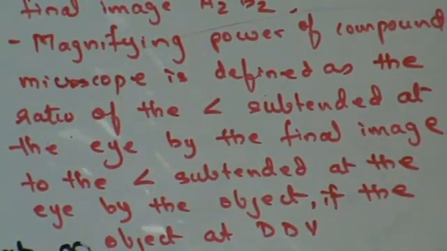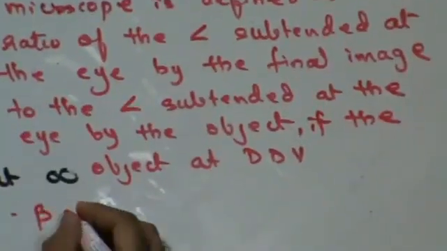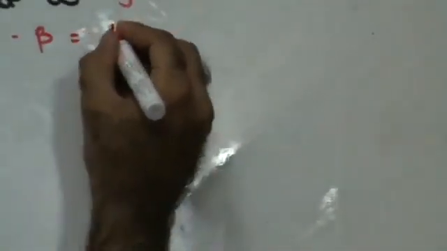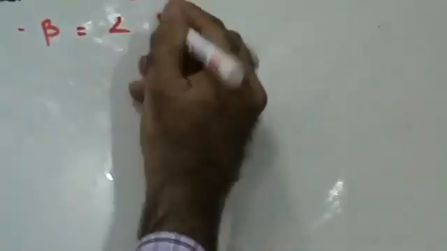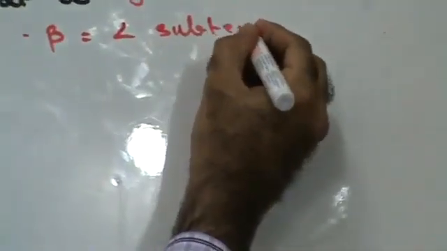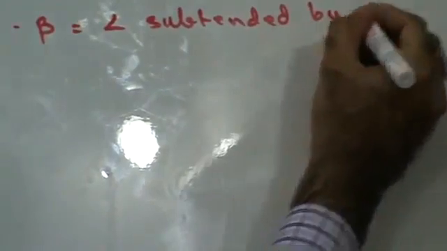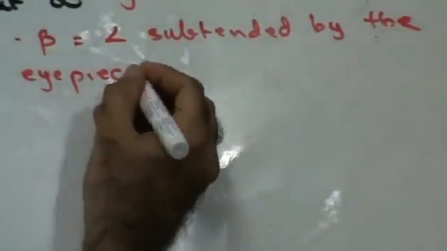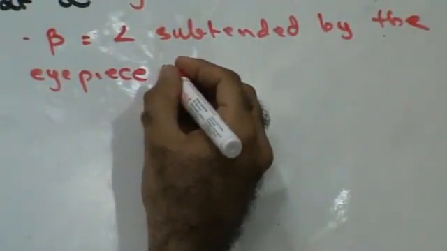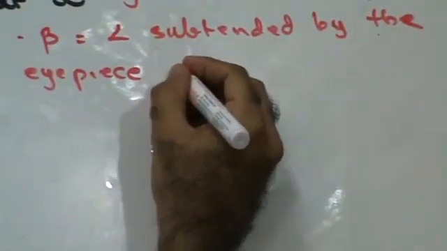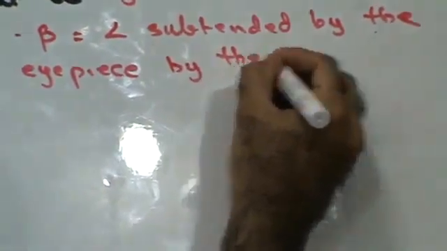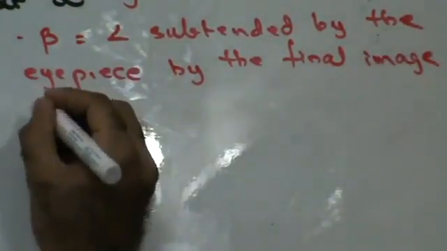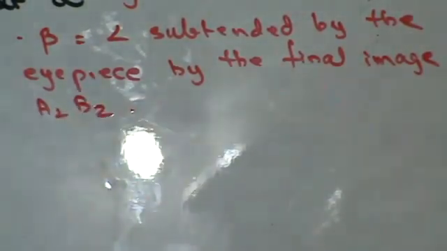So I can say let beta is the angle subtended at the eyepiece by the final image A2 B2, right?